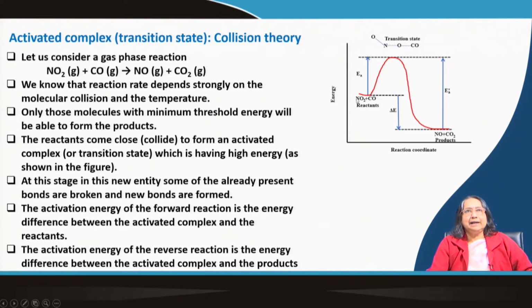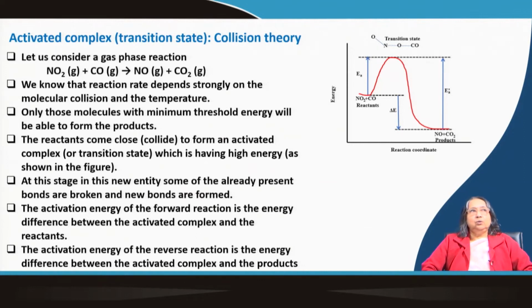Now, when the reactant molecules react, they have to come close. We all know that they have to come close with sufficient speed, sufficient energy, and they have to collide. So, we know that the reaction rate depends strongly on the molecular collision and the temperature, that I have explained in my third module, when I told about the dependence of reaction rate on temperature.